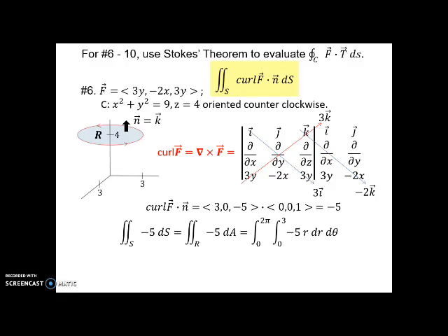Don't forget the extra r. And we're going all around the circle, so theta goes from 0 to 2 pi. So we integrate that with respect to r and evaluate from 0 to 3. And then we integrate that from 0 to 2 pi. We get a negative 45 halves theta from 0 to 2 pi. And the 2 cancels. So we get negative 45 pi.